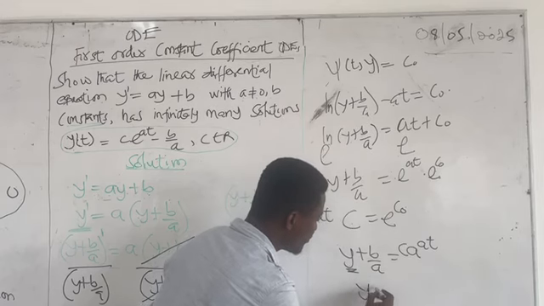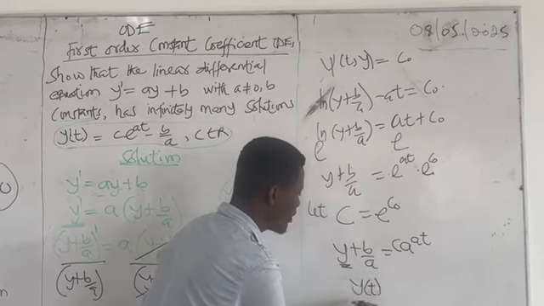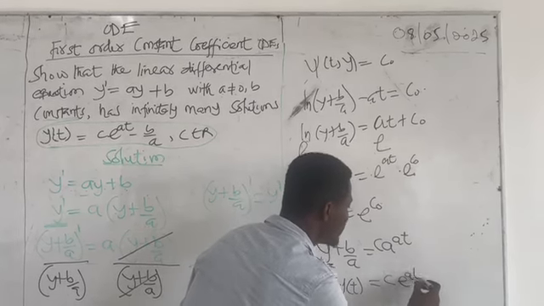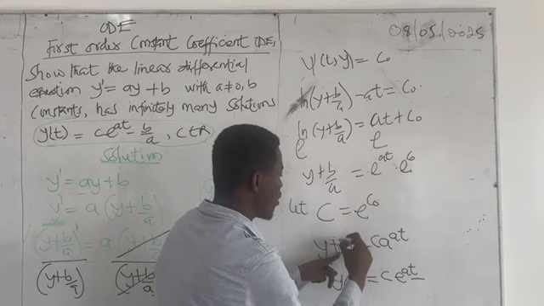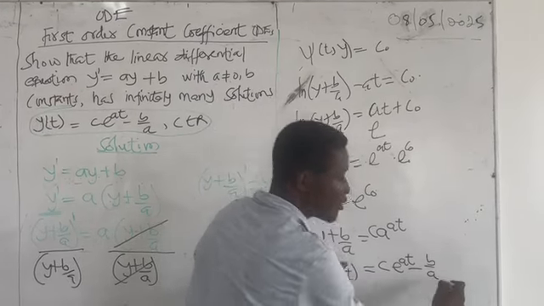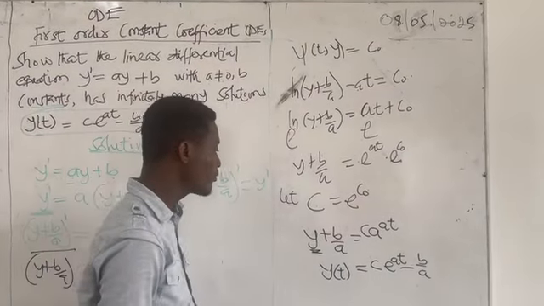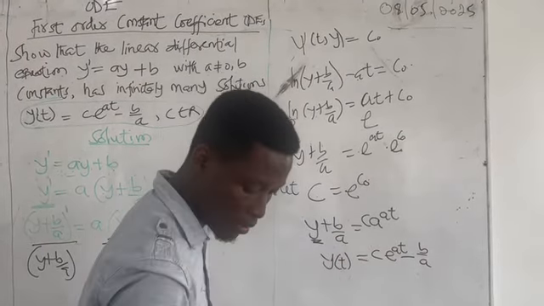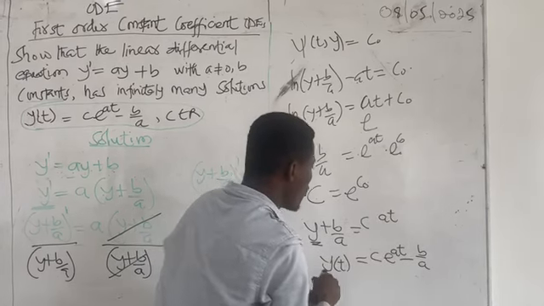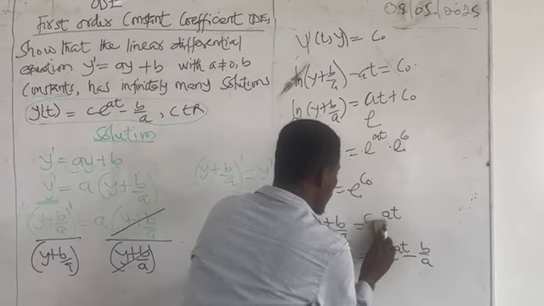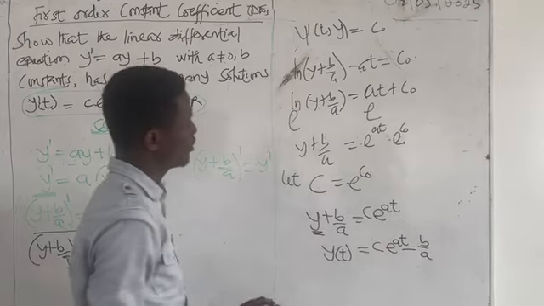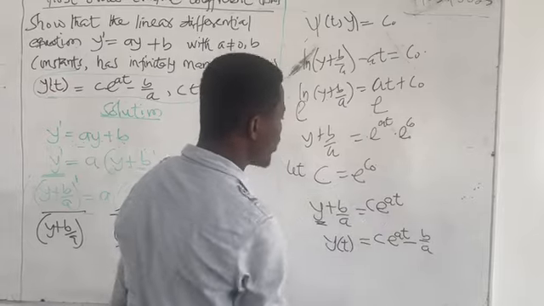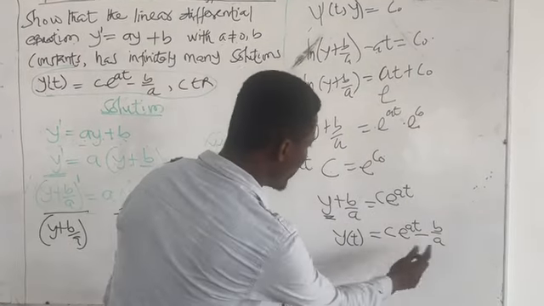So y, which is y of t, is equal to C e to the power at, minus b over a.